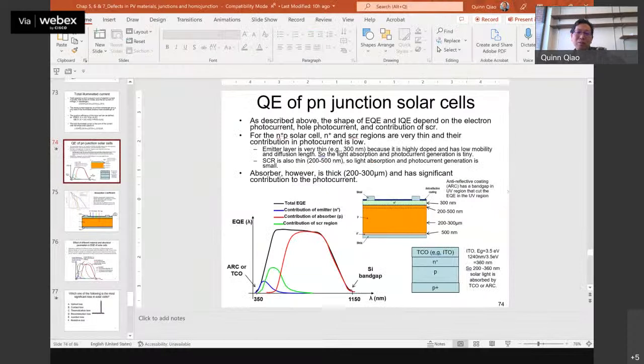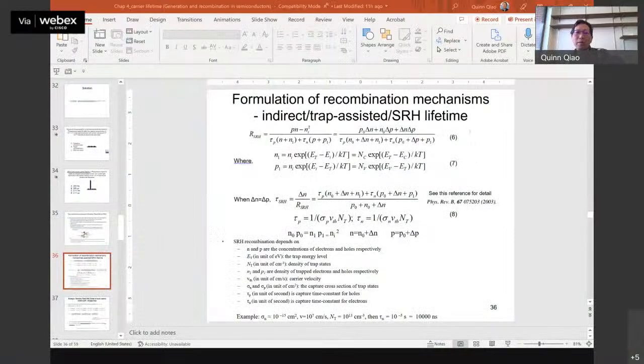The second thing, what I can tell you, maybe from the class point of view, you talk about the trap assisted SRH recombination.